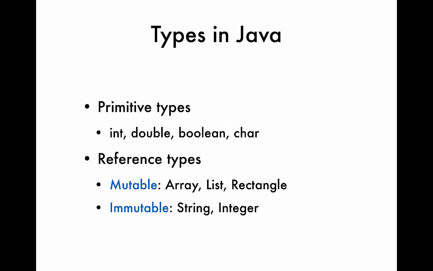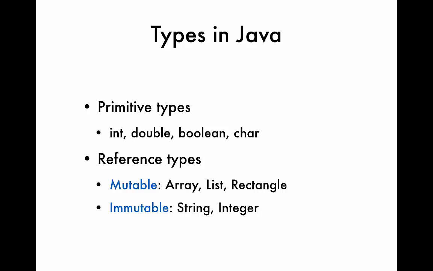A mutable reference type means that object values of that type can be modified. For example, an array object can be modified. The array has a fixed number of cells, but the values in those cells can be changed through an assignment statement. In contrast, an immutable reference type is one whose object values cannot be modified.